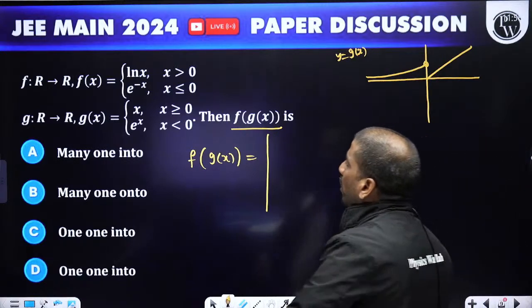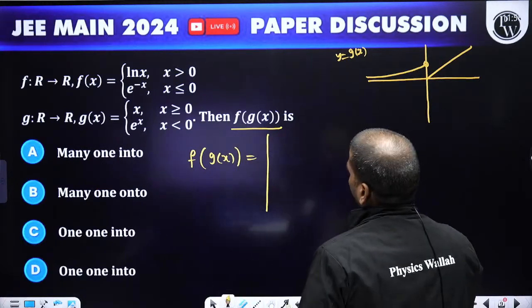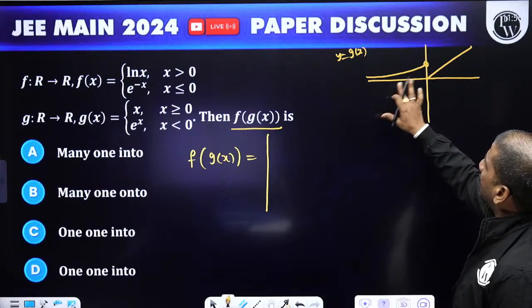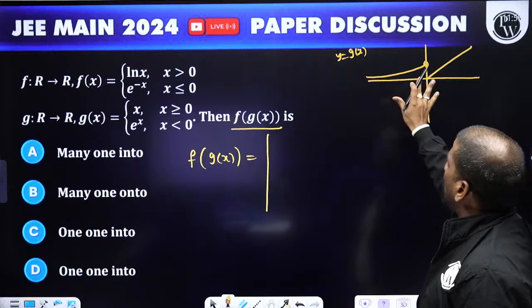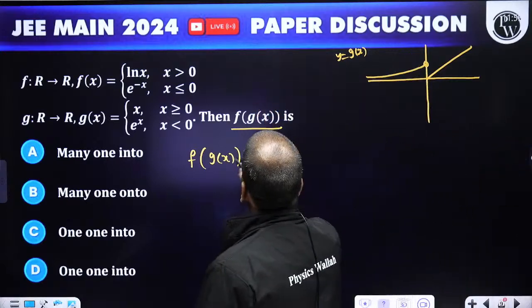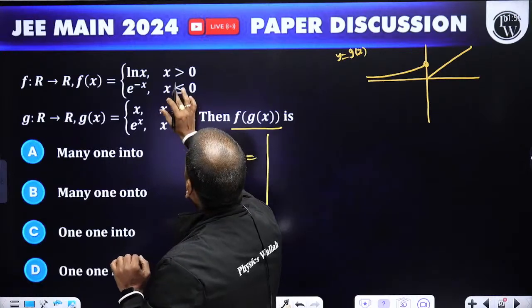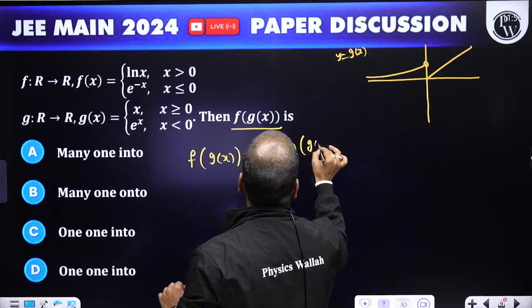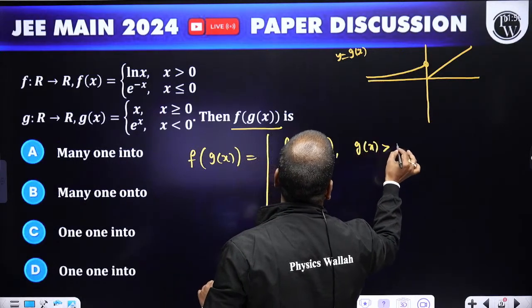We want f. In case of f, in all cases g of x is positive. Because f of g of x, we will get ln of g of x, where g of x is greater than 0.